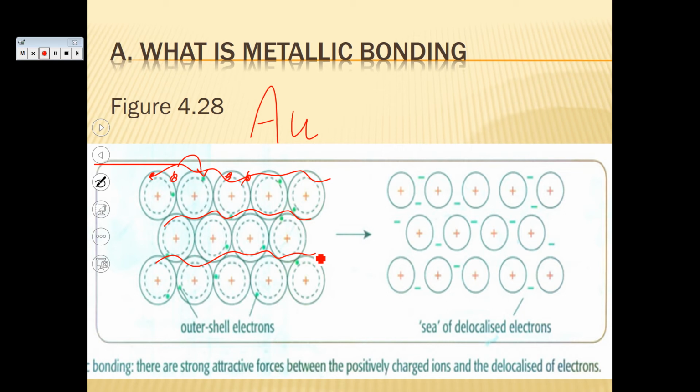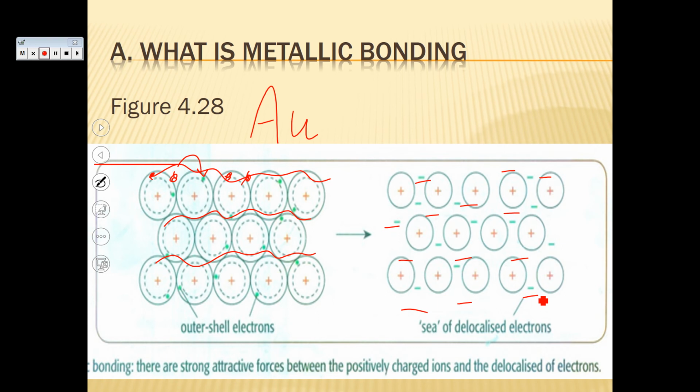And that sea of delocalized electrons is basically those valence electrons from the gold atoms that are jumping from one valence shell to the next. So the electrons are mobile, and we will see how this sea of delocalized electrons accounts for a lot of the properties of metals.